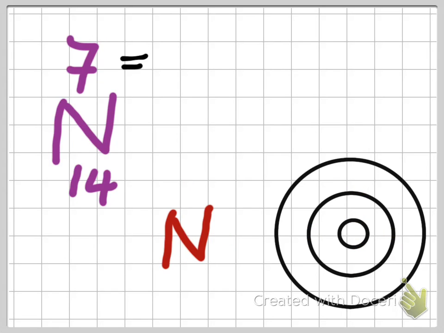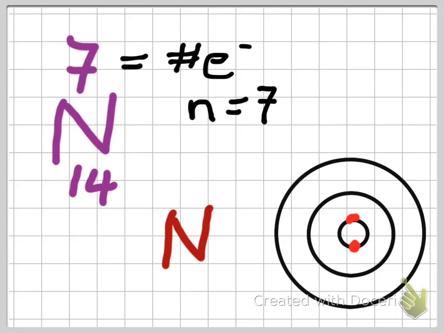For nitrogen, number of electrons, 7. Neutrons equals 7. Okay, let's go ahead and put that. 1, 2, 3, 4, 5, 6, and we're going to pair one up. 7.